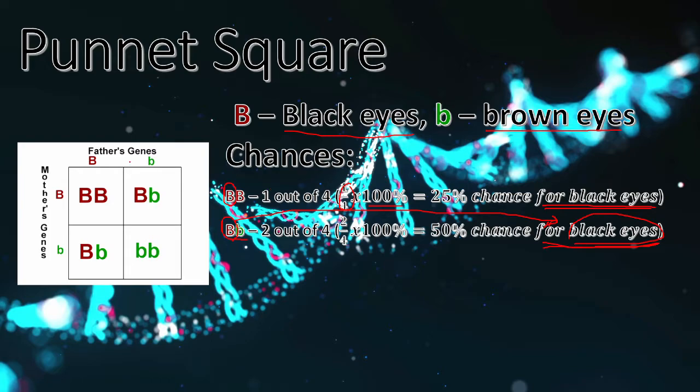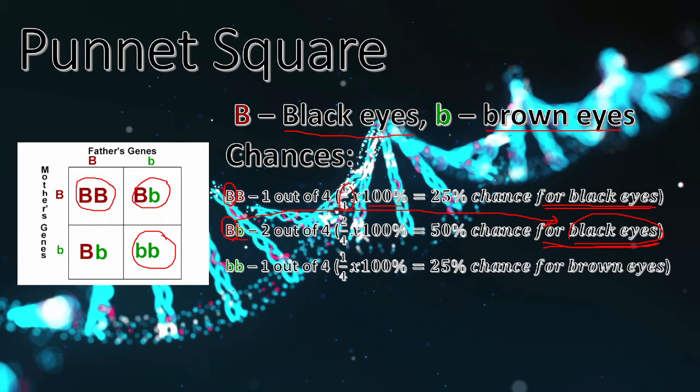And finally, we have the third chance. There are 3 combinations here: both capital letters, a combination of capital letter and small letter, and both small letters. Both small letters is 1 out of 4, the same calculation as with both capital letters. As you can see, there is no dominant allele here because these are both small letters, which means these are recessive alleles.